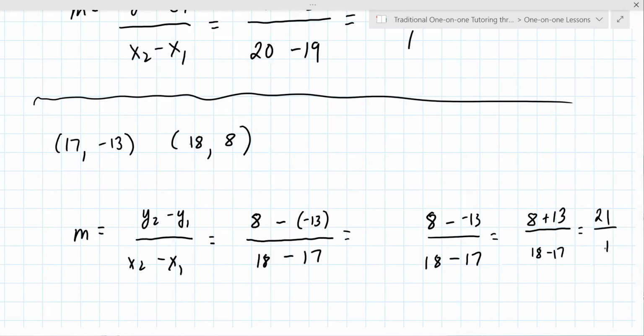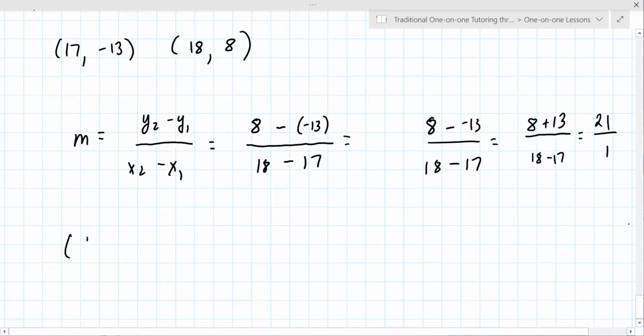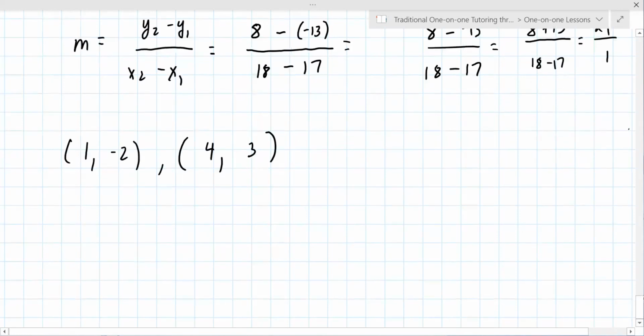All right. Well, let's try another one here. All right, it looks okay. (1, -2) and (4, 3). So see if you can set this up. Slope equals.